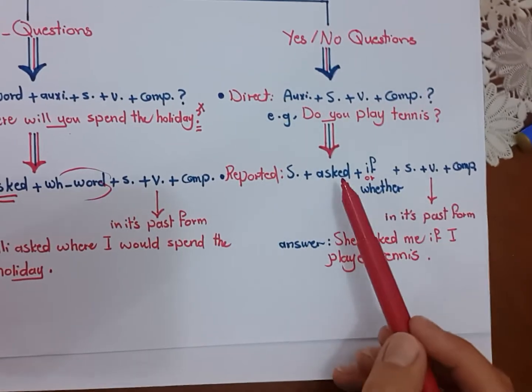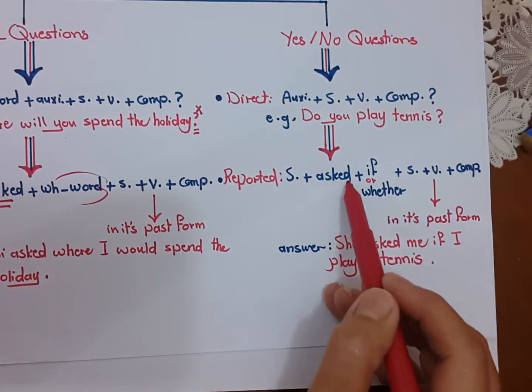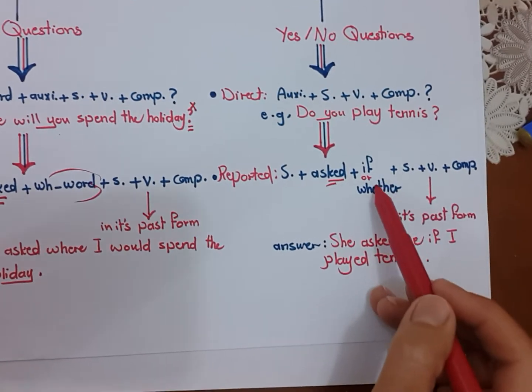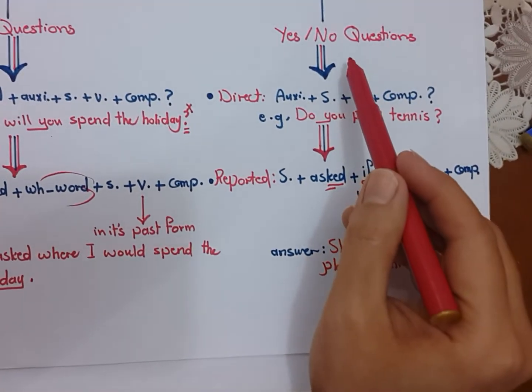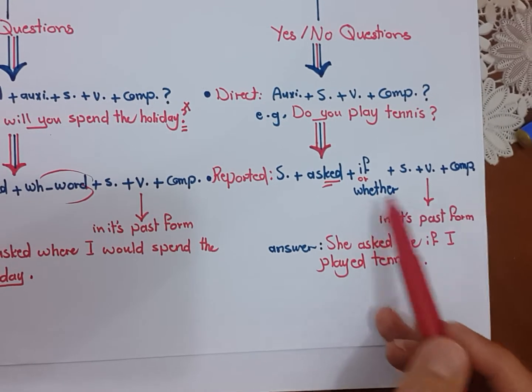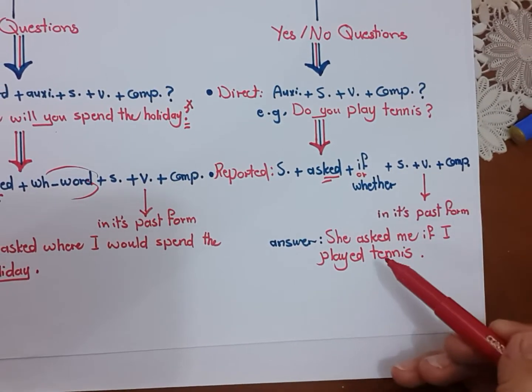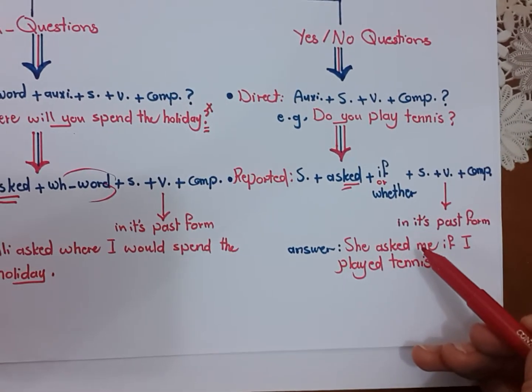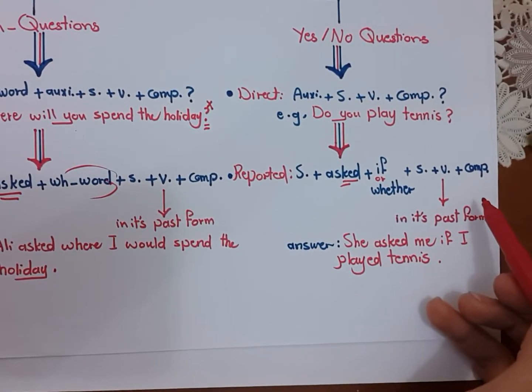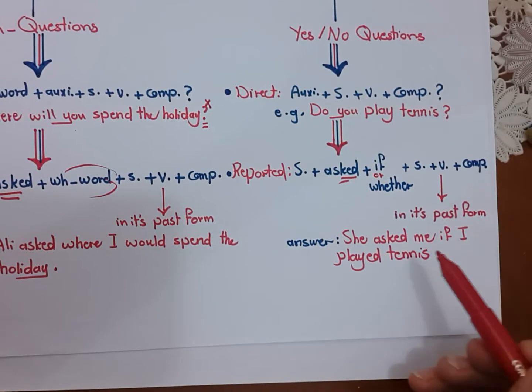Subject, then asked because it's a question, then if or whether. When it's a yes/no question, we use if or whether, followed by the subject, verb, then a complement, and don't forget to delete the question mark and turn it into a statement.